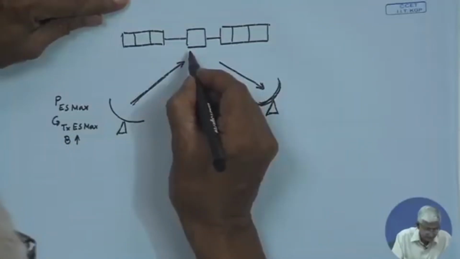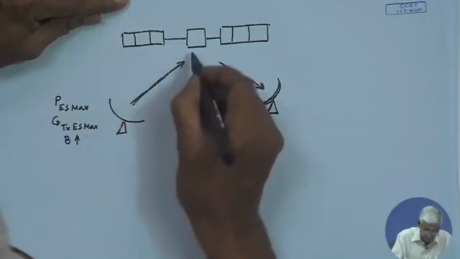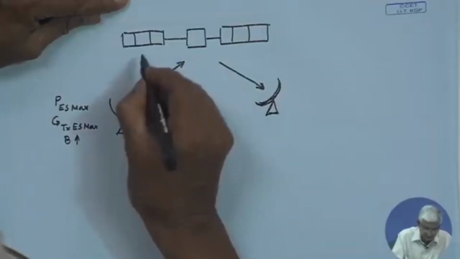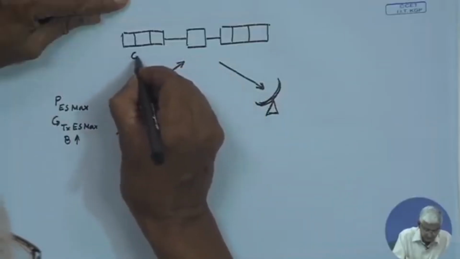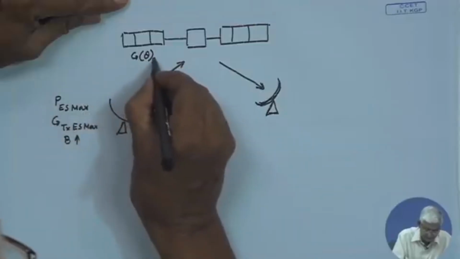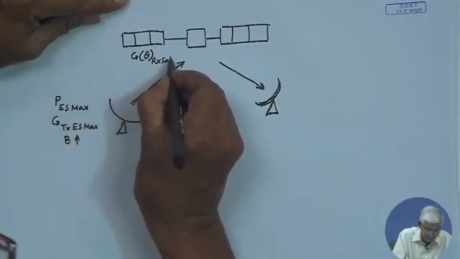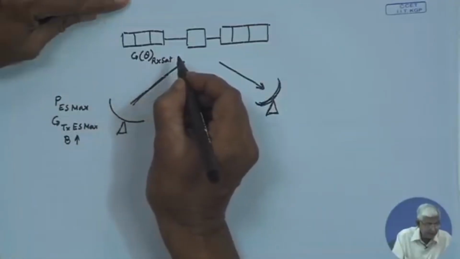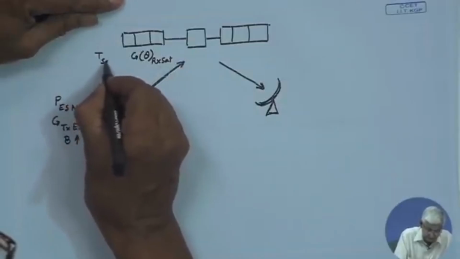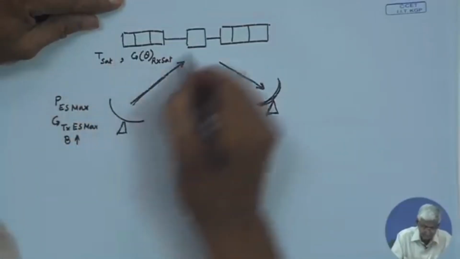And at the satellite, which is receiving from the uplink station, the gain of the antenna is reduced by theta, that is the receive satellite gain, and there is, of course, the system noise temperature of the satellite, that is at the receiver of the satellite.